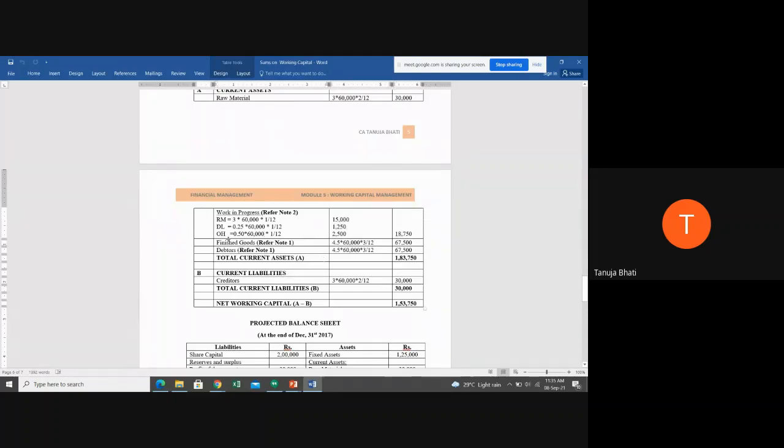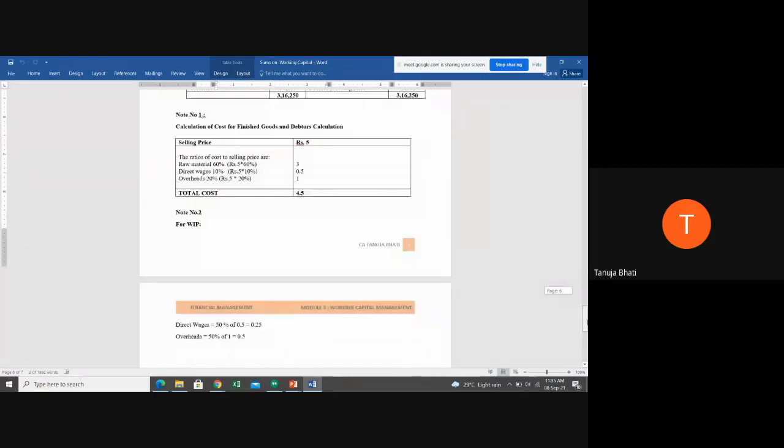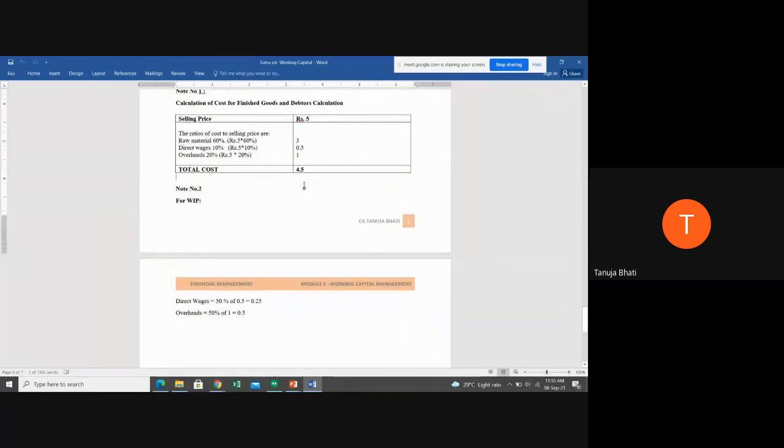Now, can anyone tell me at what cost will I take finished goods? Based on this working note, should I take the cost of finished goods at 4.5 or rupees 5? At what price should I take the value of finished goods for the purpose of calculation of working capital?